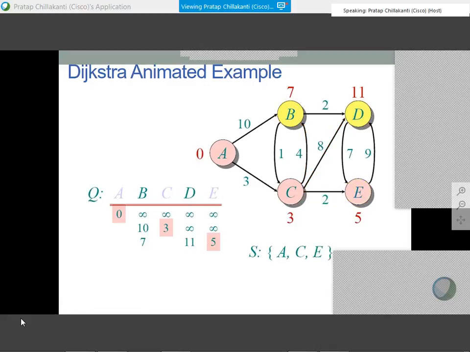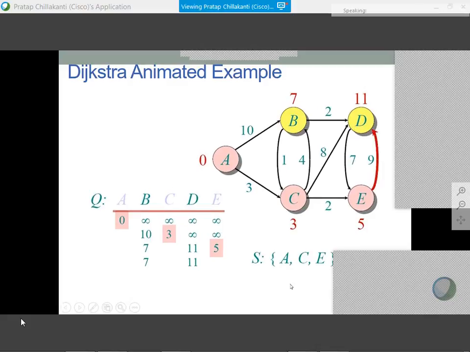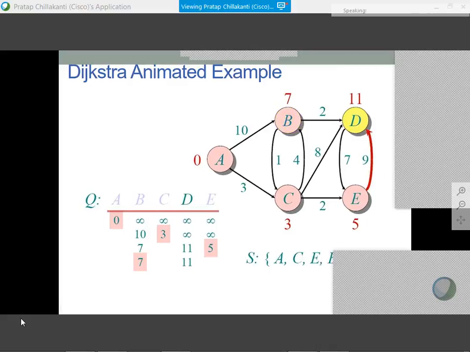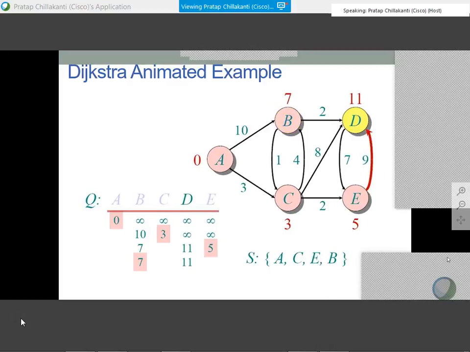Then we have ACE. Did anyone put ACE? 3 plus 2, 5. Yeah, A equal to 5. They put that. Excellent. You got it. Okay. Then what do we have? ACEB. A to B, right?